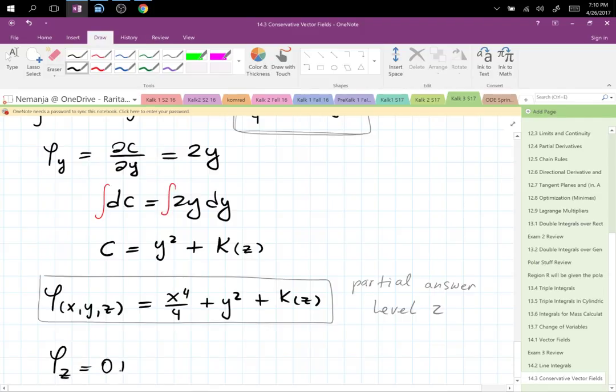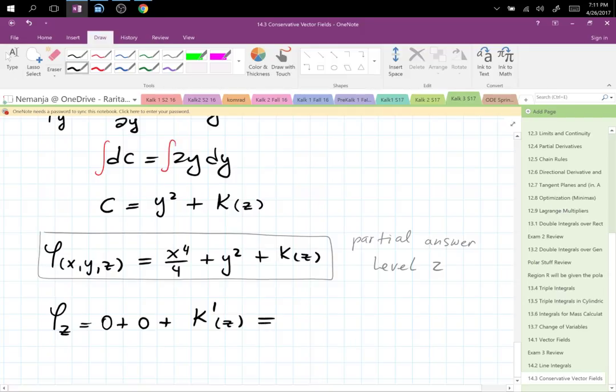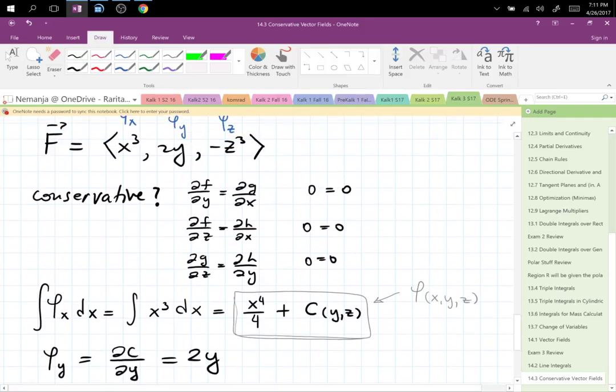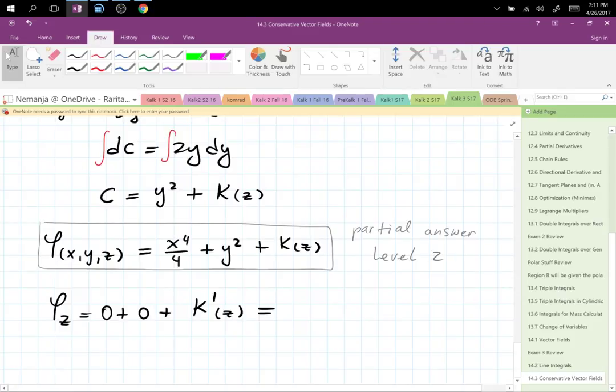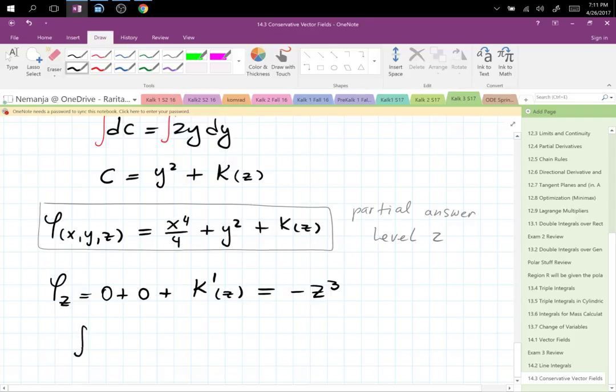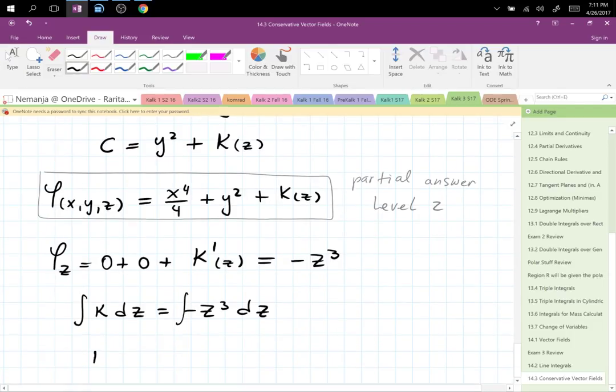I get 0 plus k prime of z, and I'm setting that equal to phi z up there, which is negative z cubed. Integral of k prime dz is equal to integral of negative z cubed dz. So I am getting that k is equal to negative z to the 4 over 4.